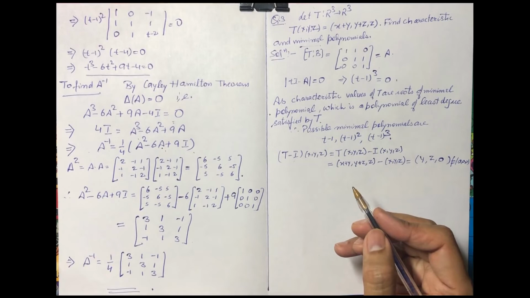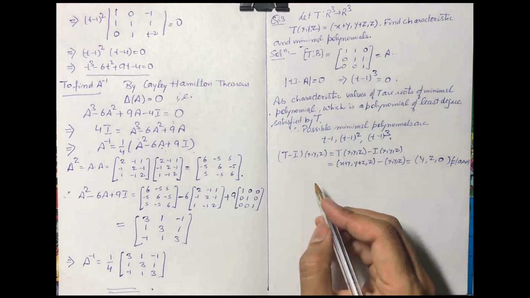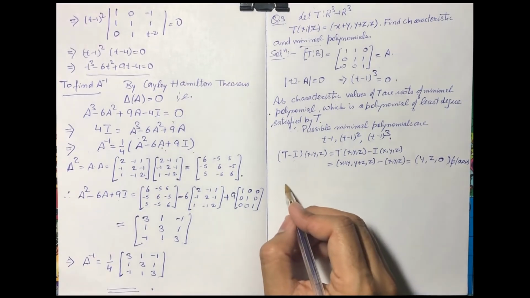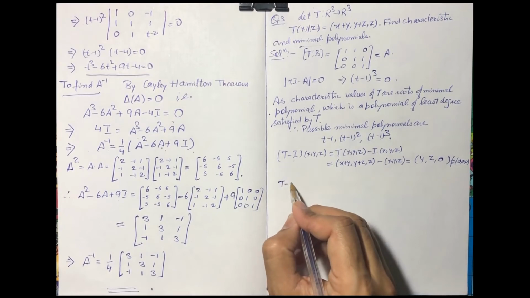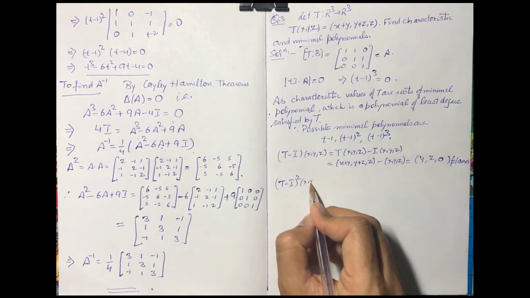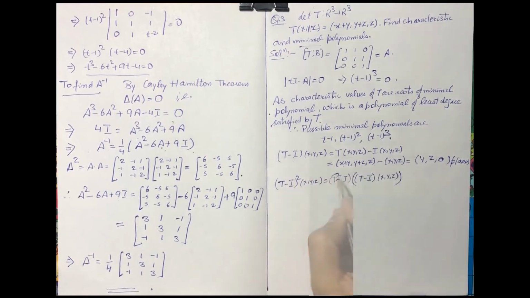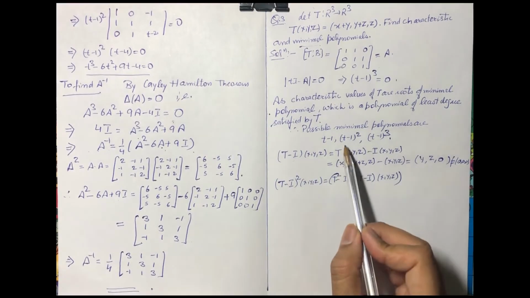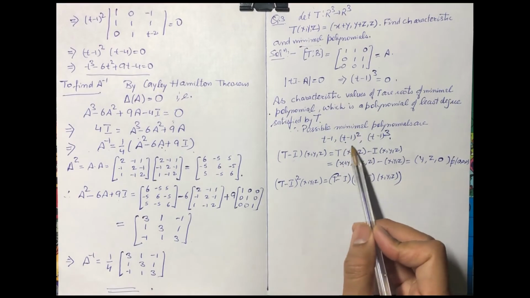Now we discuss the second one, that is (T minus I) square of (x, y, z). Now we will check whether (t minus 1) square is the minimal polynomial.